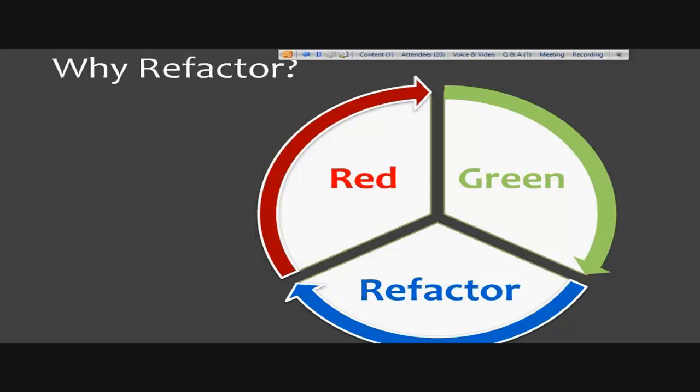This is the stage where we can say, okay, I have written the test, I have solved the problem. Now, what are the things I can do better here? And how to find those things is through code smells. Once you identify code smells, we can go for fixing them through SOLID principles.